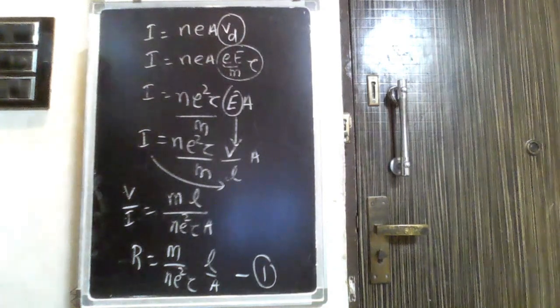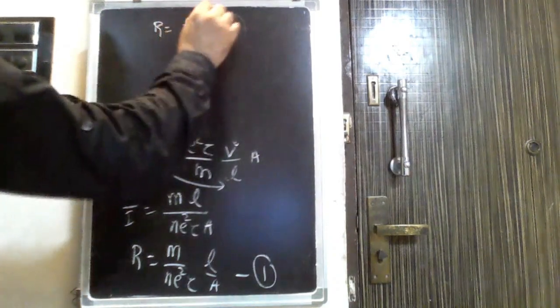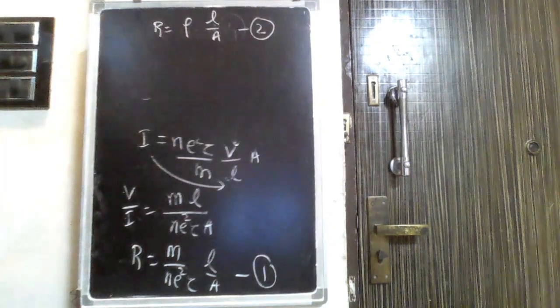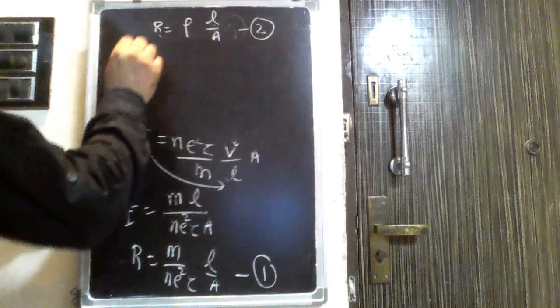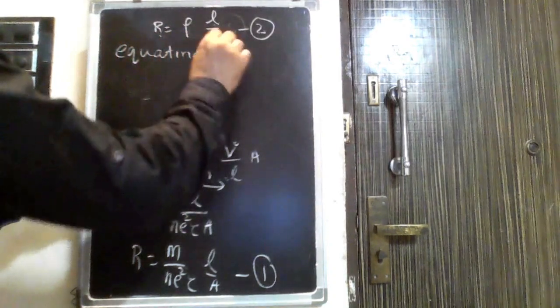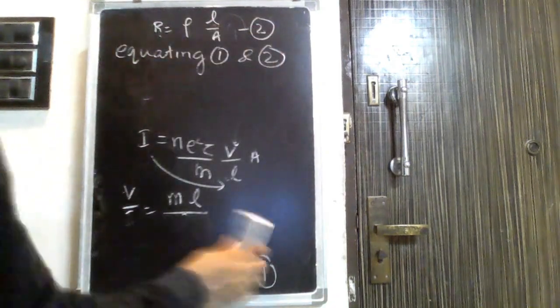But we know that R equals rho L upon A. So this is already studied. So let's equate 1 and 2, because both are R. So equating 1 and 2, what do we get?